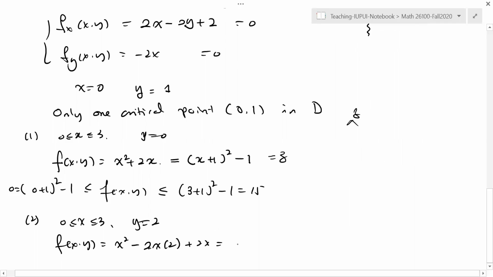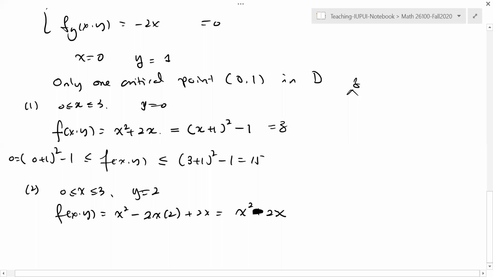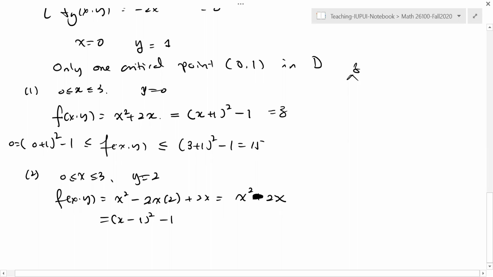After you simplify it, you get minus 2x here. You can also write it like this: x minus 1 squared minus 1. So the graph looks like that.